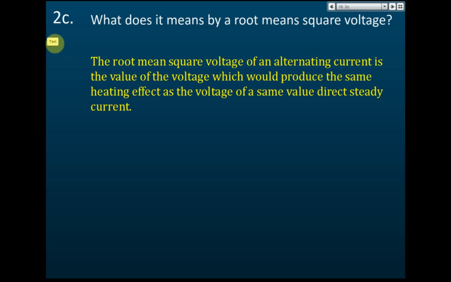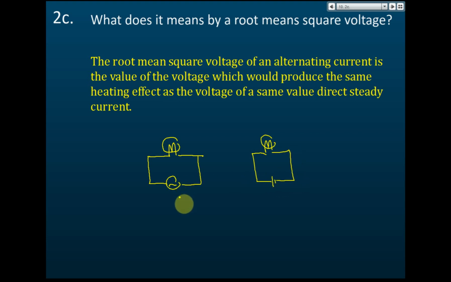It means if you have two bulbs, the first connected to alternating current with root mean square voltage 240 volts, and the second connected to direct current with voltage 240 volts, the heating effect will be the same, so the two bulbs will produce the same brightness.